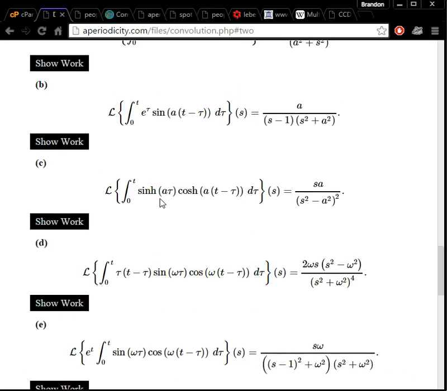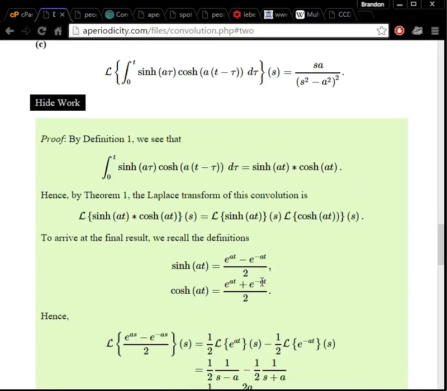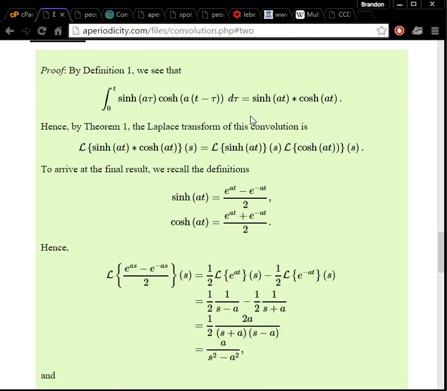I'm a big fan of hyperbolic trigonometric functions, so I liked this example. This was a really good example, actually, I think, because I broke it down to the exponential definitions, which might be a good review. So by definition 1, again, we see that this is a convolution, and the Laplace transform of a convolution is the product of the Laplace transforms.